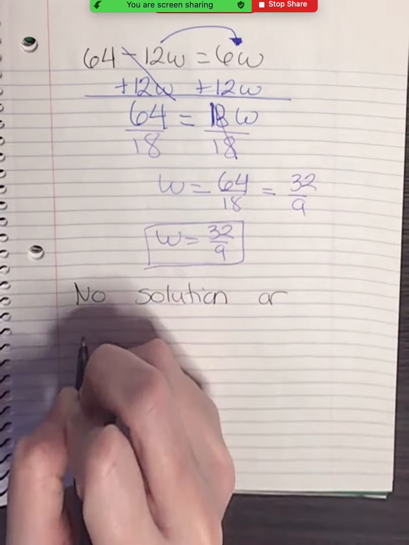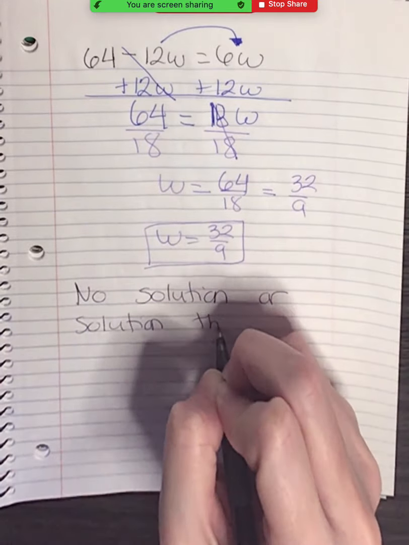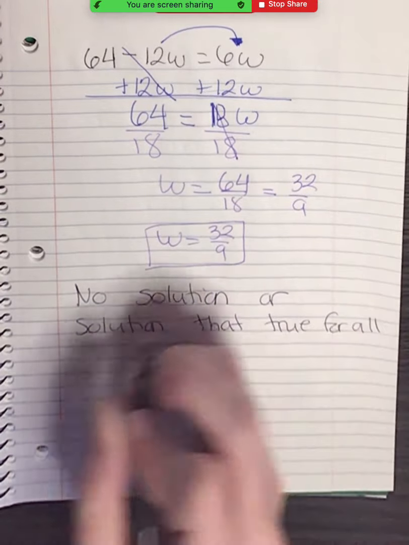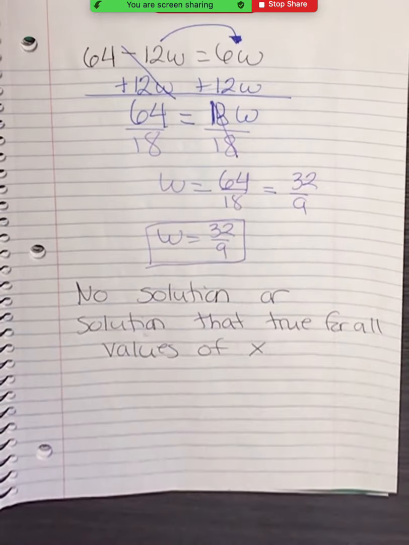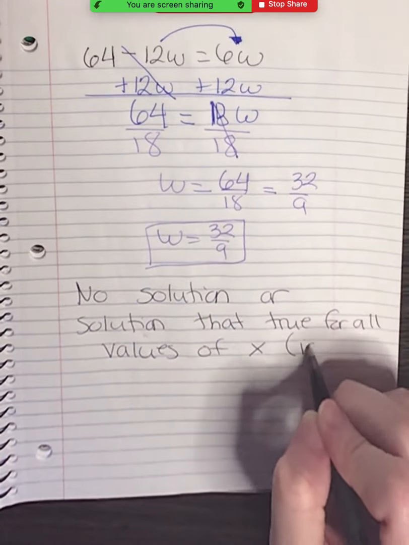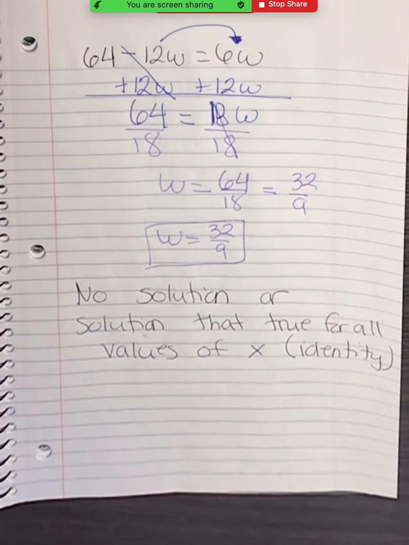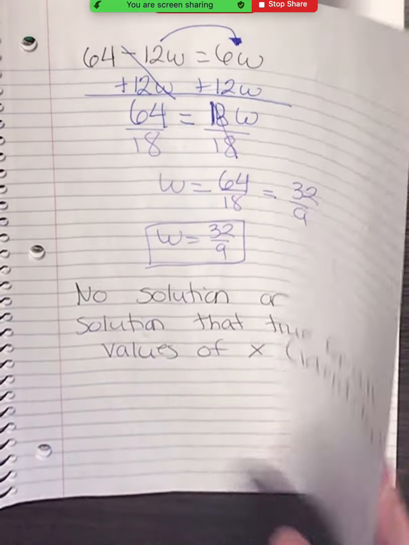Or you're going to get a solution that is true for all values of x. Okay? When that happens, we have what's called the identity. But what it really means is that no matter what you put in for x, they're all going to work. Okay, so we have to try to figure out what it's going to look like when we have no solution or all real numbers.